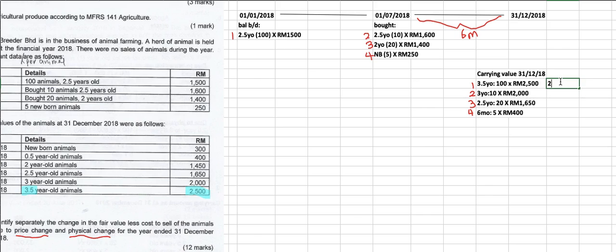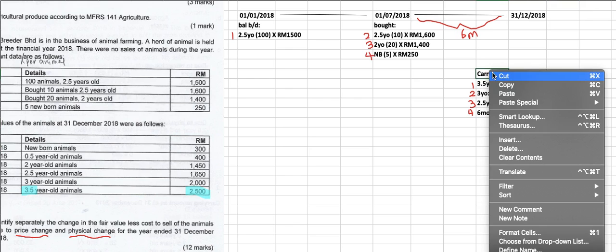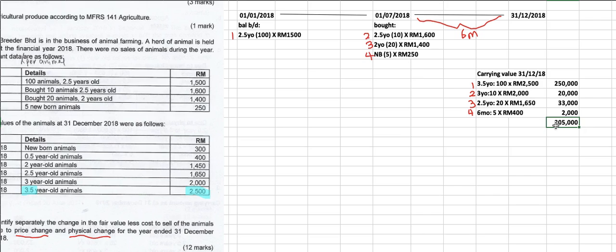Then 10 times 2,000 is 20,000. 20 times 1,650 is 33,000, and 5 times 400 is 2,000. So the total here, you should get 305,000. So this is actually the carrying value.